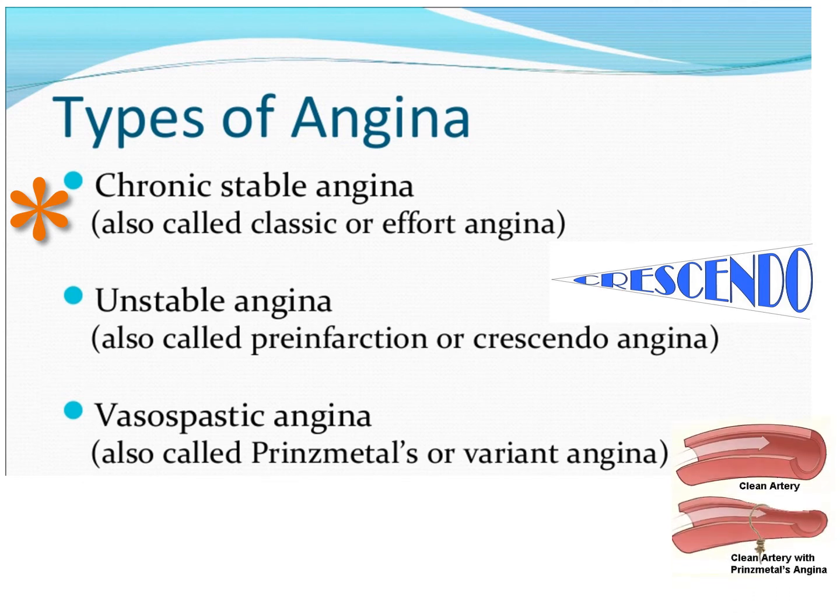A third variant is known as Prinzmetal's. It's a very unusual one. It's an artery that doesn't have any overt sclerosis, but for some reason you'll get a trigger, and that artery will clamp down and lead to an angina type pain.